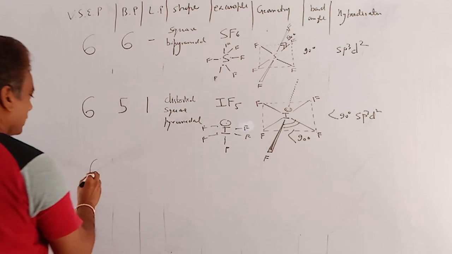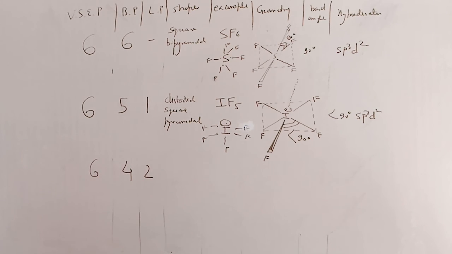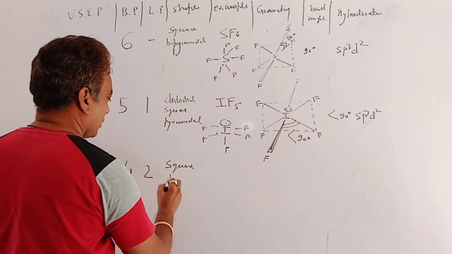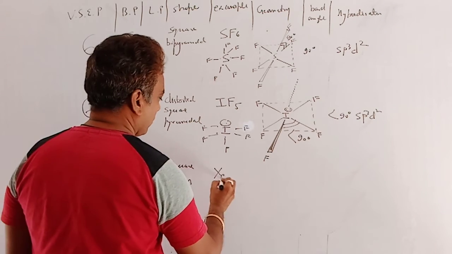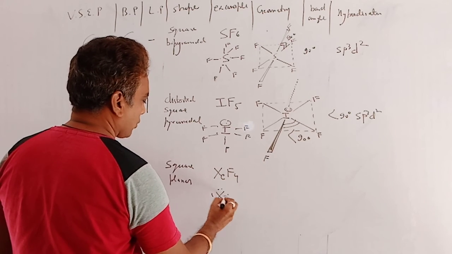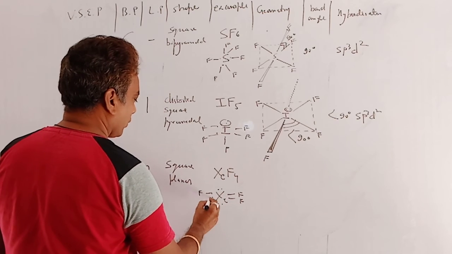Now we have 6 VSEPR pairs, 4 bond pairs and 2 lone pairs. So geometry will be square planar. Example XeF4. Xenon contains 8 electrons in the outermost shell, in which 4 are shared with fluorine.